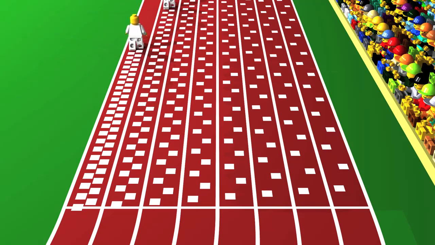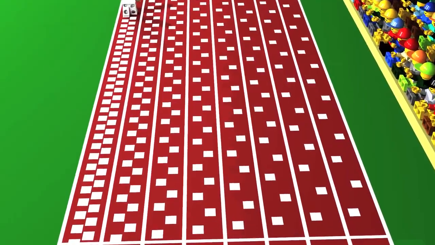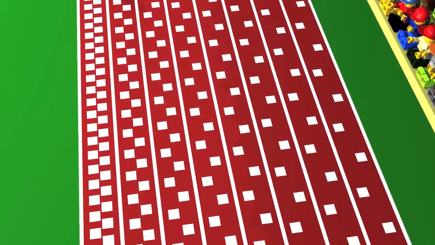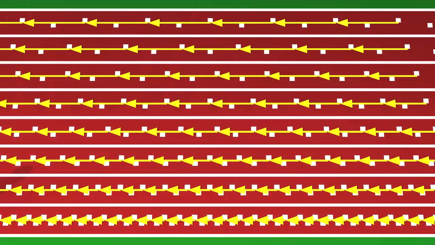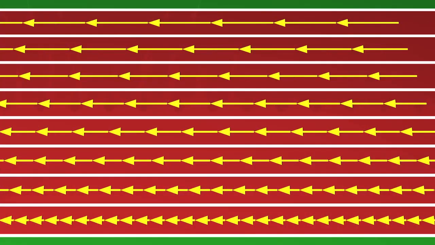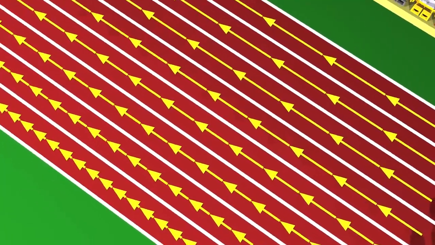For the athletes that go quickly, two consecutive footprints are far apart. For the ones that go slowly, the steps are close together. The arrow joining two consecutive steps indicates the speed. It is the difference between two positions at two consecutive moments, hence the phrase differential calculus.